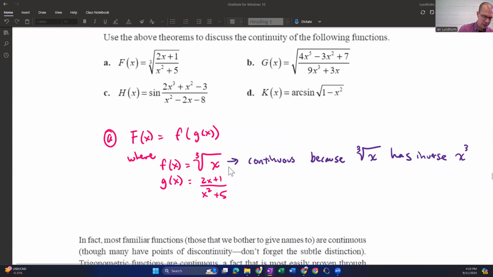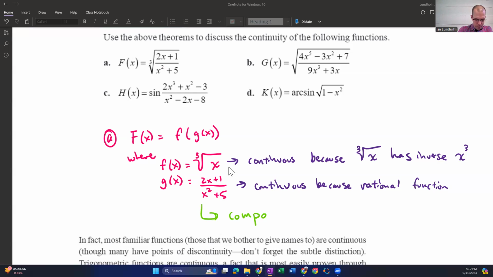We could say that g is continuous on its domain because it's a rational function. And then overall, we could say that the composition of continuous functions is continuous.